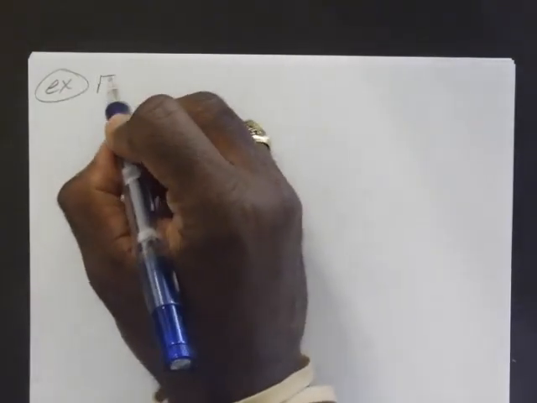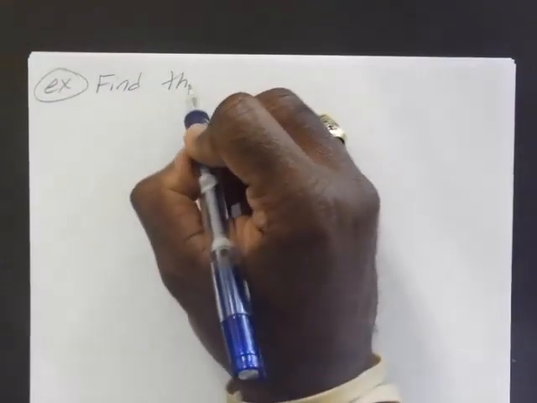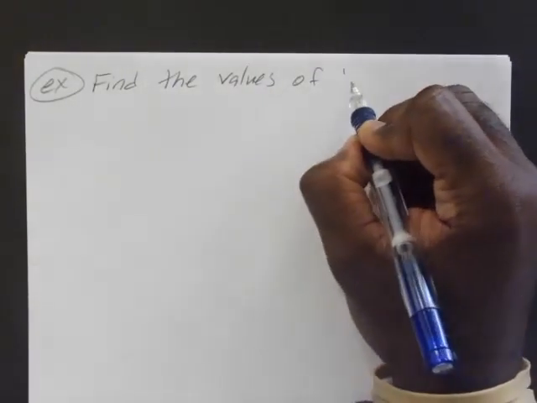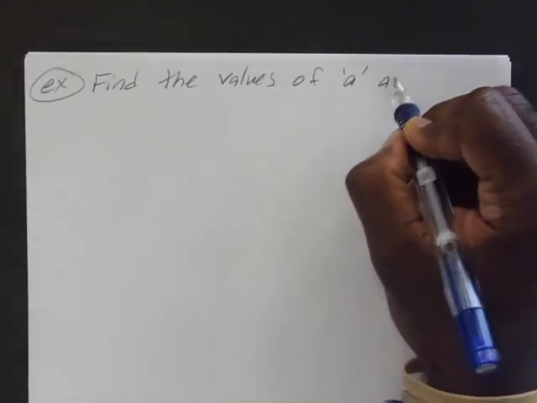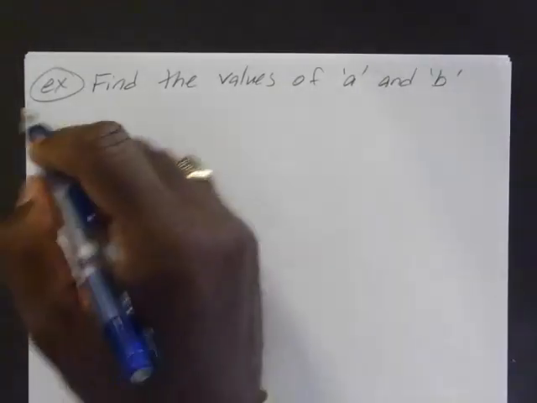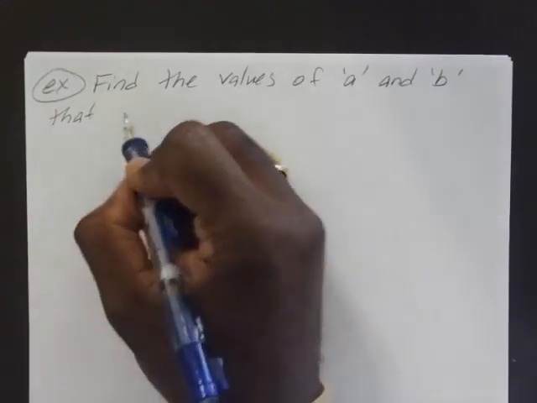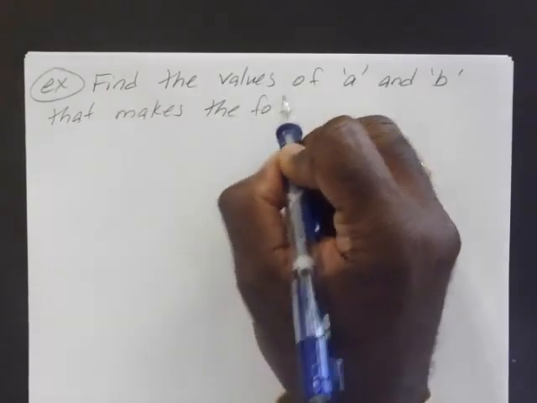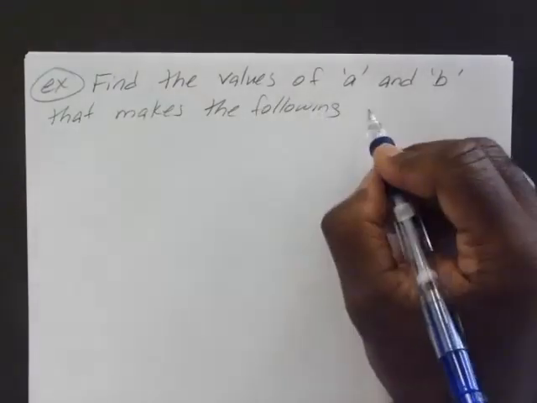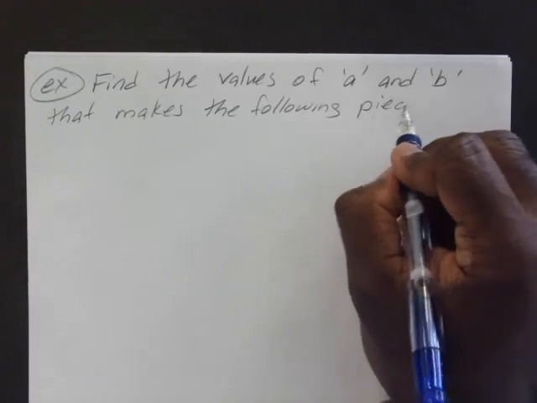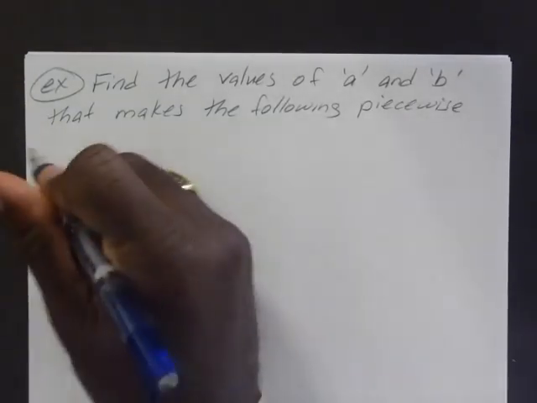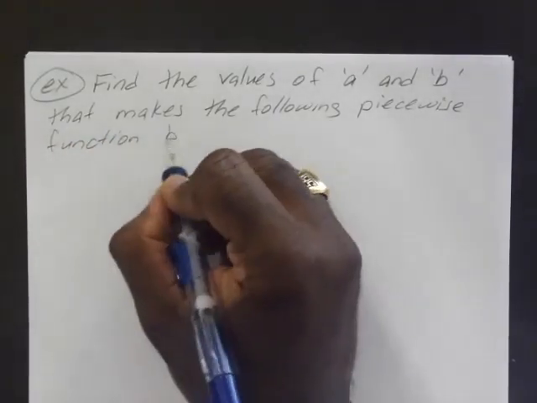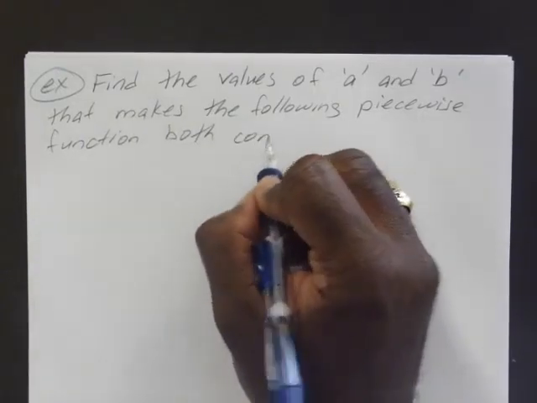Okay, so what if we wanted to find the values of A and B that make the following piecewise function both continuous and differentiable?